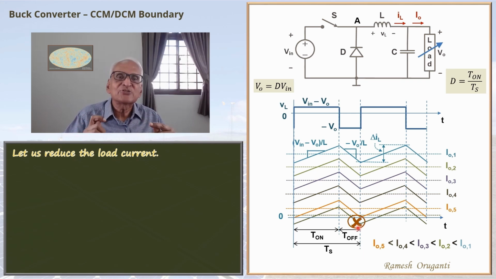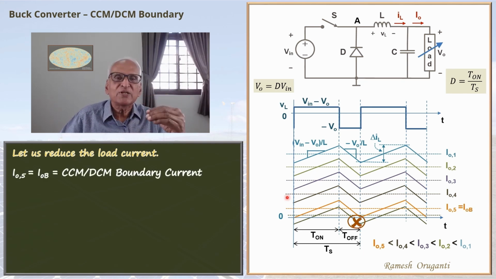We cannot reduce the load current below I05 and expect the operation to be in CCM still. I05 is the minimum load current at which CCM operation is possible. So I05 is the boundary, the lower limit of continuous conduction mode.